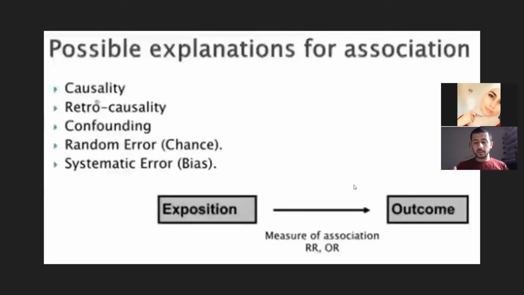When we say a p-value of 1%, for example, 1% is lower than 5%, and I accept this as significant, and I reject the null hypothesis. But this actually carries a 1% risk of receiving my association by chance.